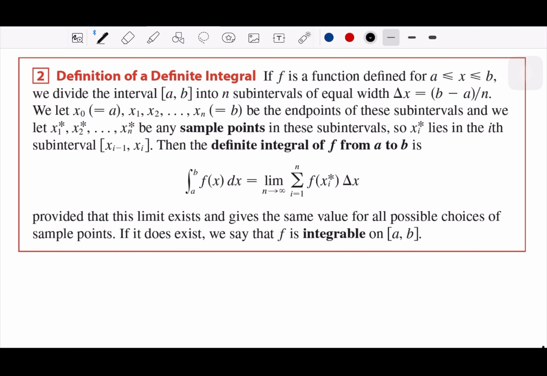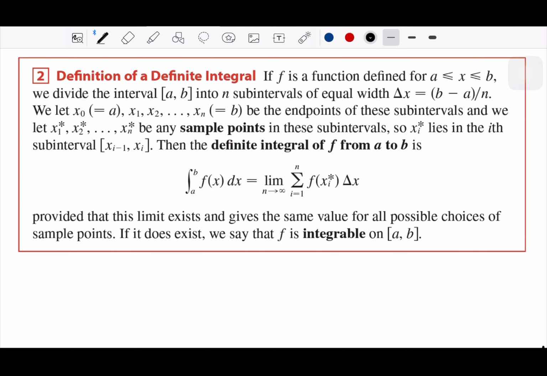And then the definite integral, the definition is we are going to introduce you to this symbol like an S, but it's like a long S, like a worm. Okay? We write a at the bottom and b on top, which says it is the integral from a to b of f of x dx, dx being the width of the rectangles.